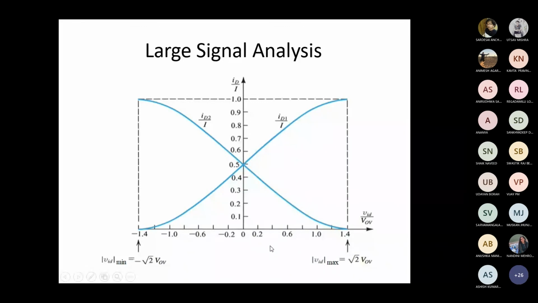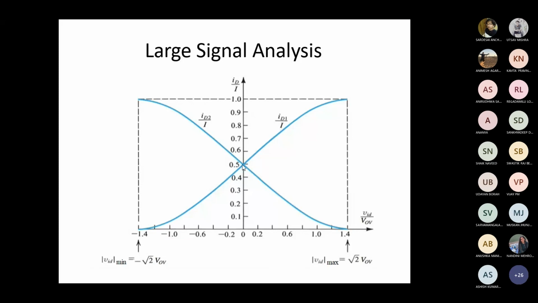When VID is 0, you can see the values of ID1 and ID2 are equal to I by 2. So this is I, and I is 1, so I by 2 is 0.5. At VID equal to 0, the values of ID1 and ID2 are equal to 0.5, that is I by 2.